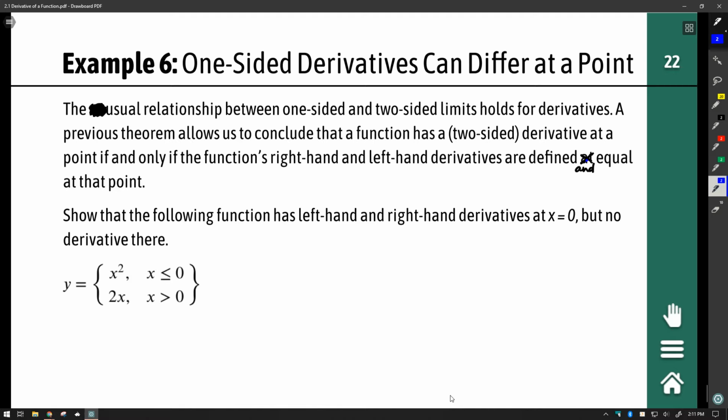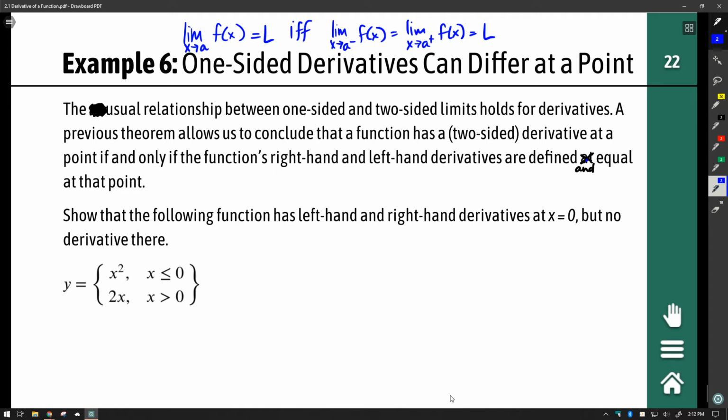We mean that the two-sided limit, the limit as x approaches a of a function, is equal to L if and only if both the left-hand and right-hand limits are equal. So if and only if the limit as x approaches a from the left is equal to the limit as x approaches a from the right, and both of those need to be equal to the same L over here.